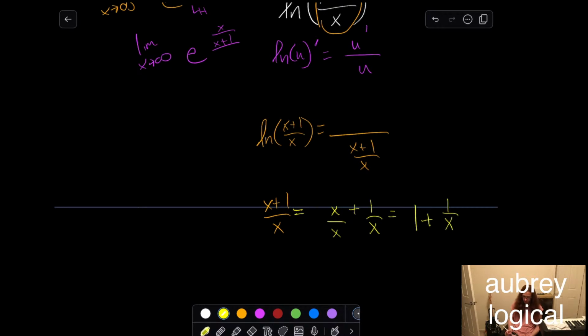And then finding the derivative of this, our 1 disappears because it's just a constant. And our 1 over x is a derivative we come to know because it's pretty frequent, at least in this class. And so the derivative of that is equal to negative 1 over x squared.